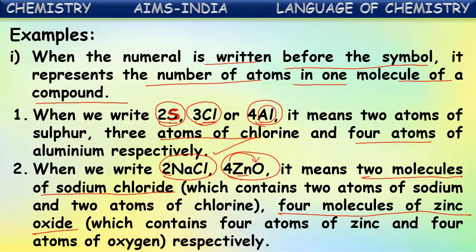If you write 2 here, this 2 belongs to sodium as well as to chlorine. So what we can say: 2NaCl means 2 NaCl molecules are present, with 2 sodium atoms and 2 chlorine atoms. 4ZnO means 4 molecules of zinc oxide, which contain 4 atoms of zinc as well as 4 atoms of oxygen. So that 4 represents the number of atoms as well as the number of molecules.